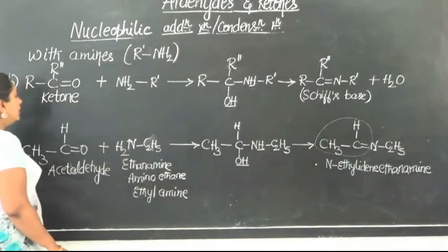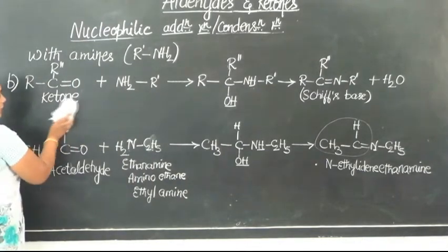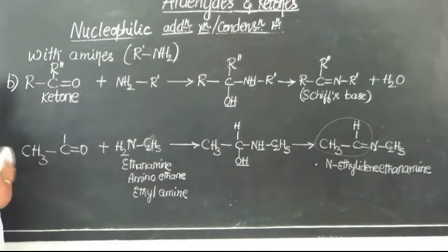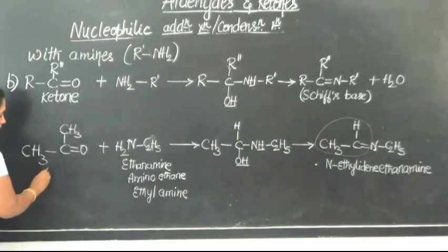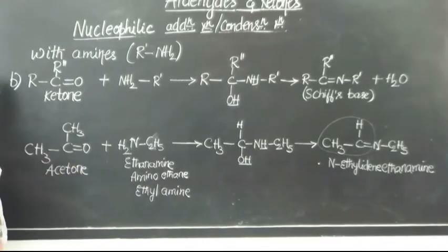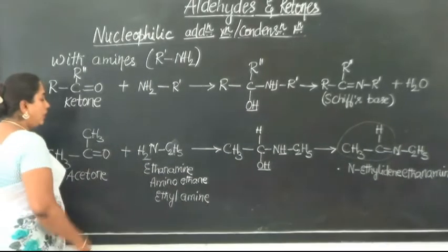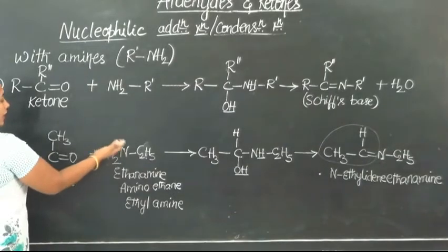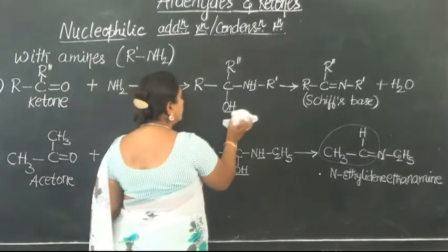Next, let us see what happens with an example case for ketone. Let us take acetone as our ketone example. Acetone when treated with ethanamine or aminoethane will first undergo addition in the place of the double bond, forming an addition compound as shown to you.